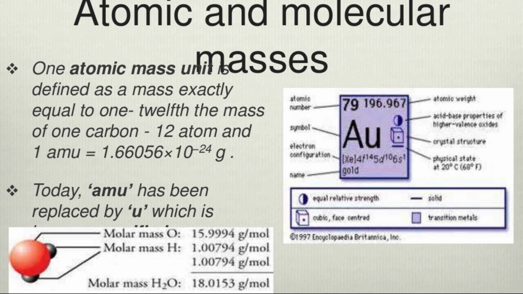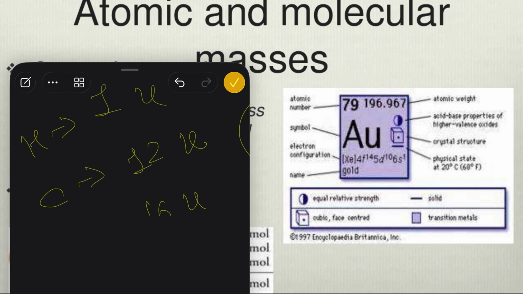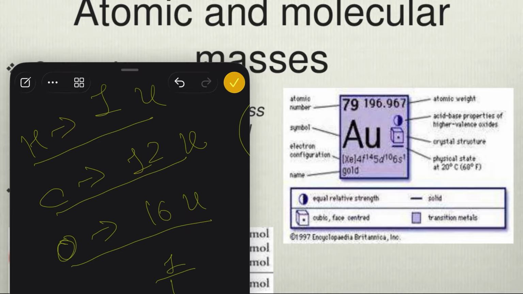For example, atomic mass of hydrogen is 1 u, carbon is 12 u, and oxygen is 16 u. These values are taken from the periodic table. Important: atomic mass is relative mass compared to 1/12th the mass of carbon-12.